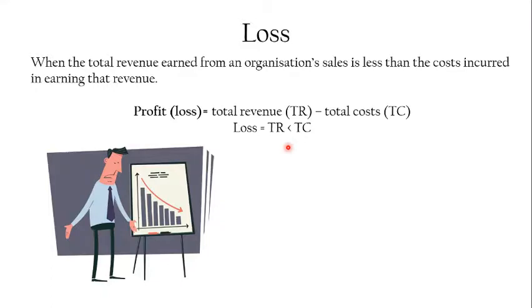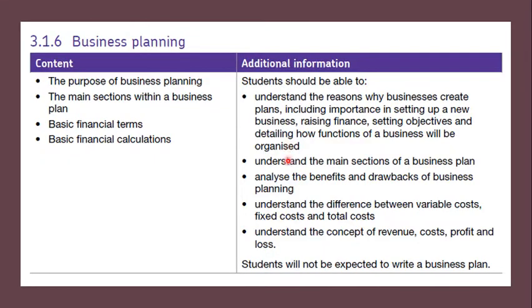Maybe they've had to discount the cakes because they were going off or something like that. So if we're selling 10 cakes for £1, maybe we've spent £12 on those ingredients, in which case we've made a loss. But they are the key terms on finance that you need to know, and it's at the end of this section on business planning.